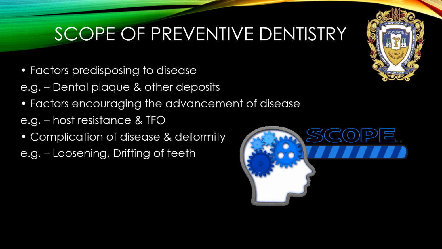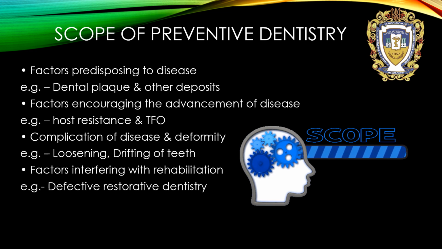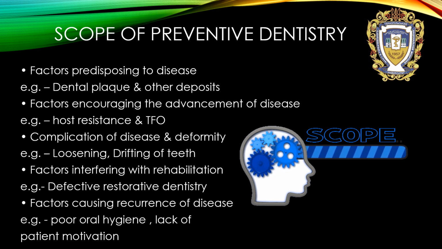Next point, complications of disease and deformity, for example, loosening and drifting of teeth. Factors interfering with rehabilitation, like defective restorative dentistry. And factors causing recurrence of disease, for example, poor oral hygiene, lack of patient motivation, etc.